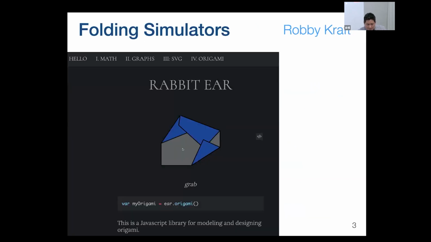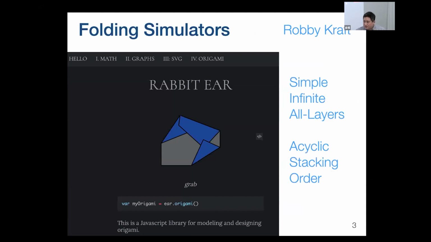On the other side, you can also have some simulators online. For example, this simple folding simulator by Robbie Kraft within Rabbit Ear, his JavaScript folding library, which is able to do a limited set of flat folding operations, namely simple, infinite all-layers folds.